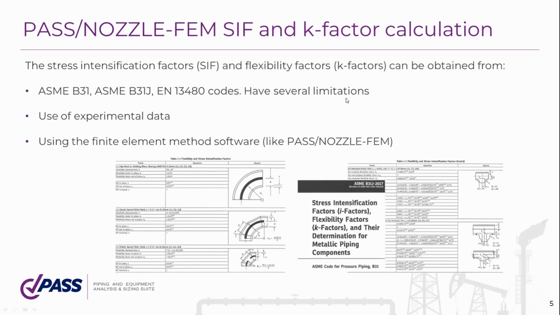We will talk about them later. Also, you can use some experimental data, some tests, and you can use the finite element method to calculate the stress intensification and flexibility factors, for example, using software like PostNozzle FEM.